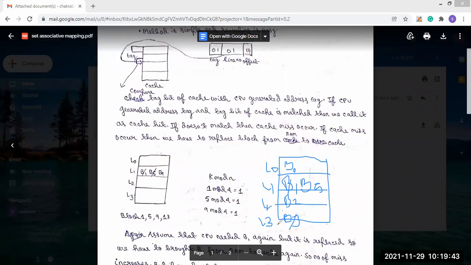But you see, there is no block present in line number 3. So we could place block number 1 in line number 3.